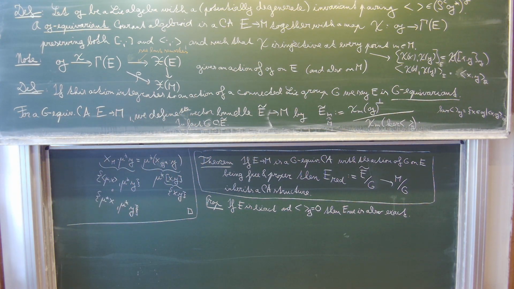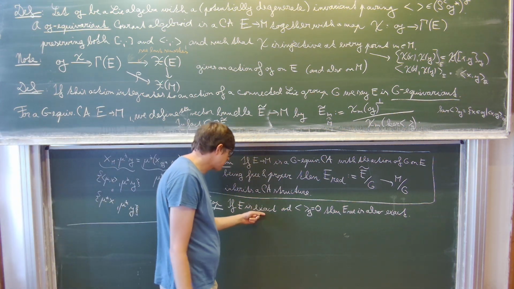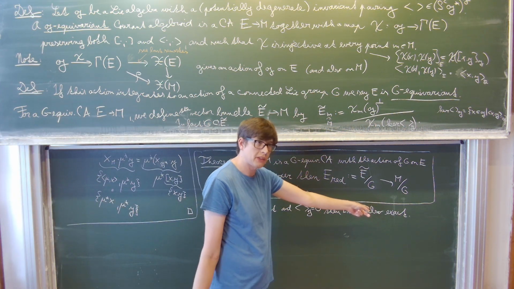Is it always exact, or transitive? Transitive, yeah. Well, if the original one was, then this one is. What I remember for sure is that if this was exact and this is arbitrary, then the result is transitive.